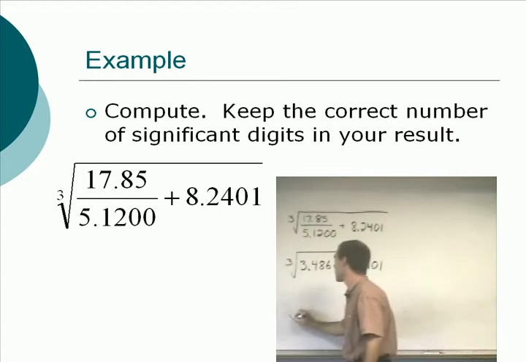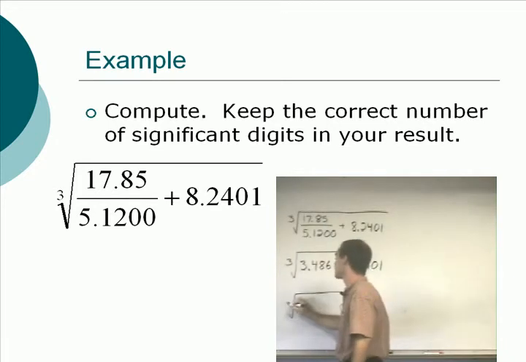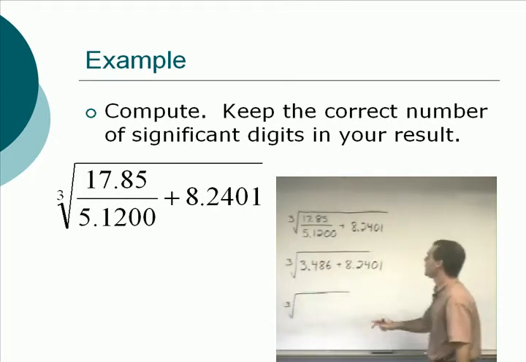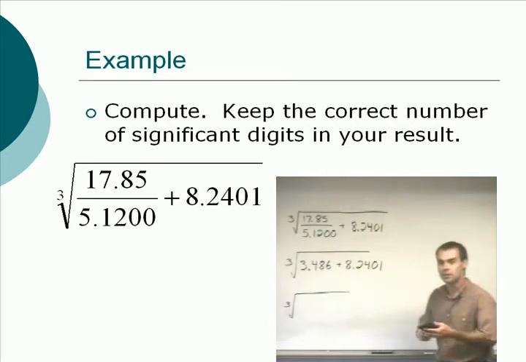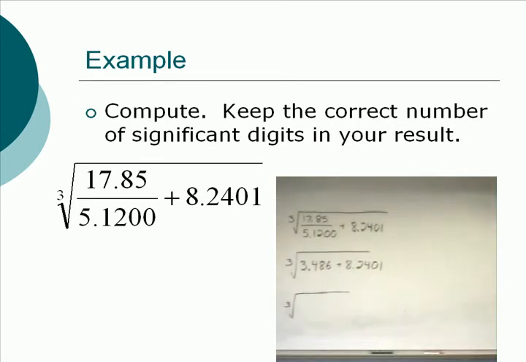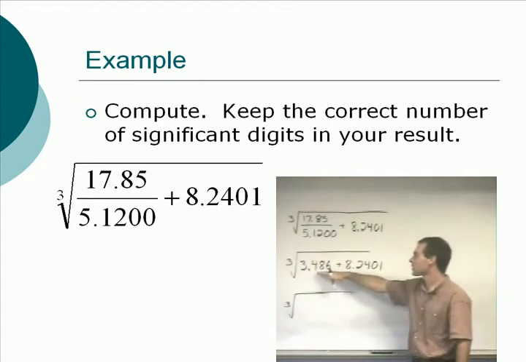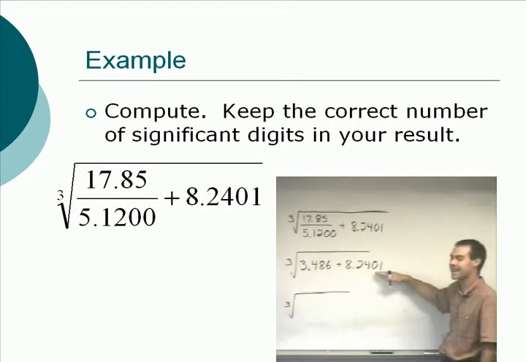These are going to be added together to give us the cube root of. Now, what's the rule for addition? Exactly. It's the placement. Here we're precise to the nearest thousandth. Here we're precise to the nearest 10,000th.